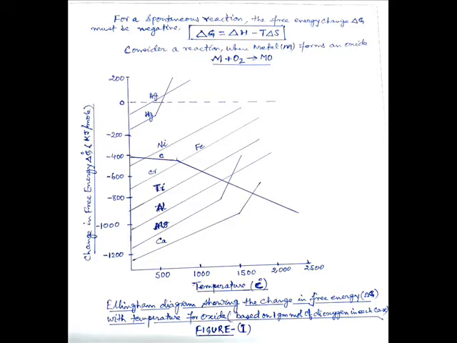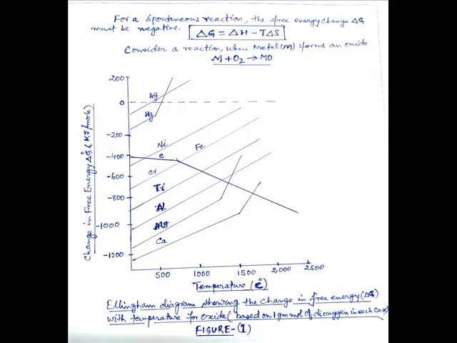Fourth point: in a number of processes, one metal is used to reduce the oxide of other metals. For example, ferric oxide may be reduced by another metal. Now, this Ellingham diagram helps us to determine which metal will be better to reduce the oxides of other metals.